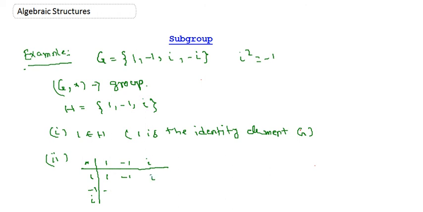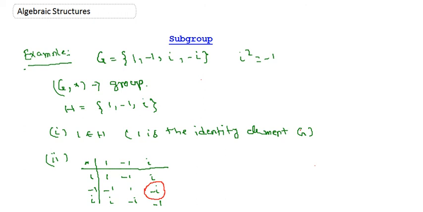Minus 1 times minus 1 is 1, minus 1 times i is minus i, and i times i is minus 1. But here we get something dangerous: we get minus i.